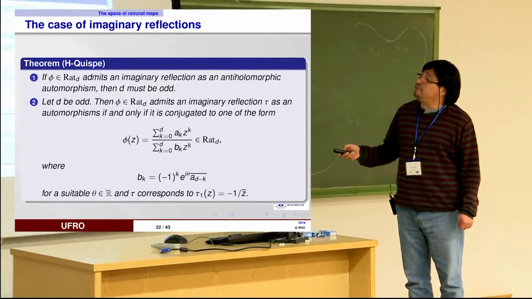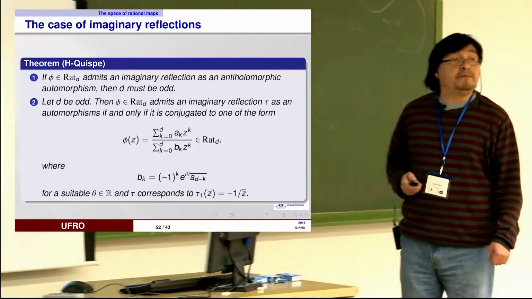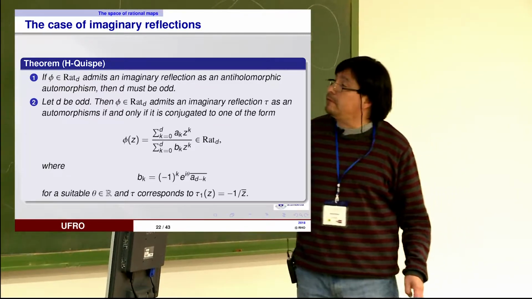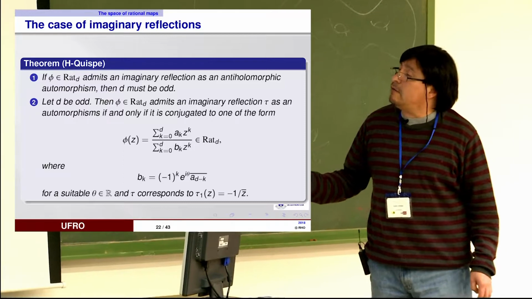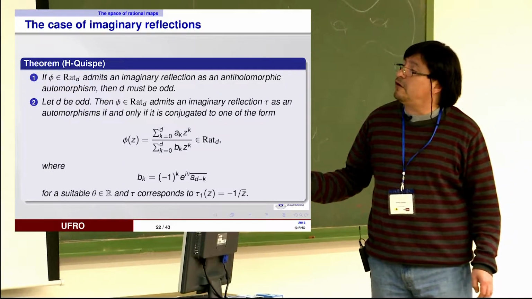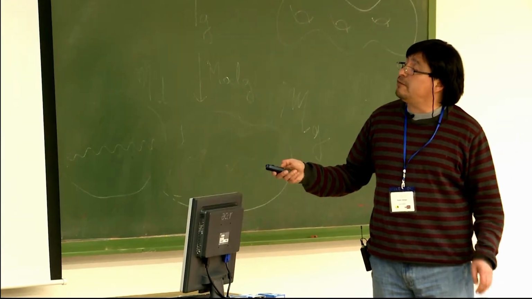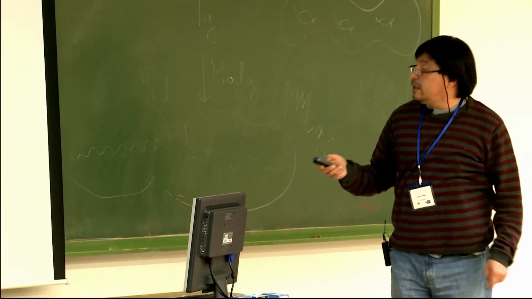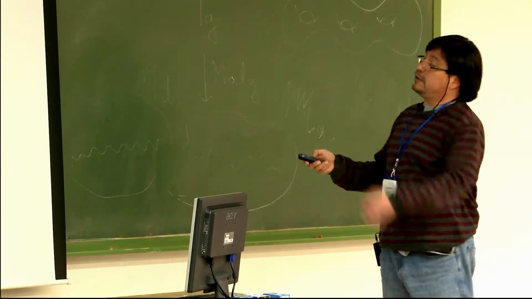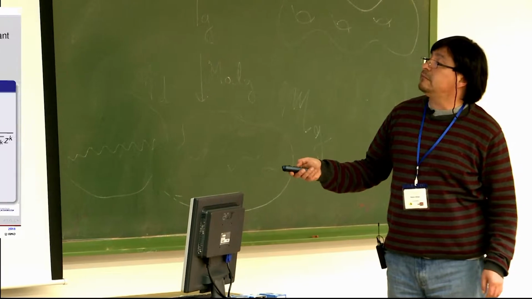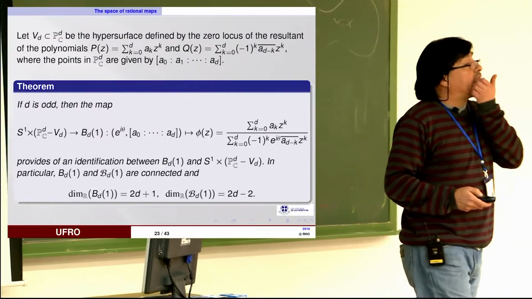So you see the coefficients in the top can be any complex number a priori. And in the bottom, there is a relation of this form. They appear as the conjugates of the ones here, but looking in the other direction, and multiplied by some rotation.